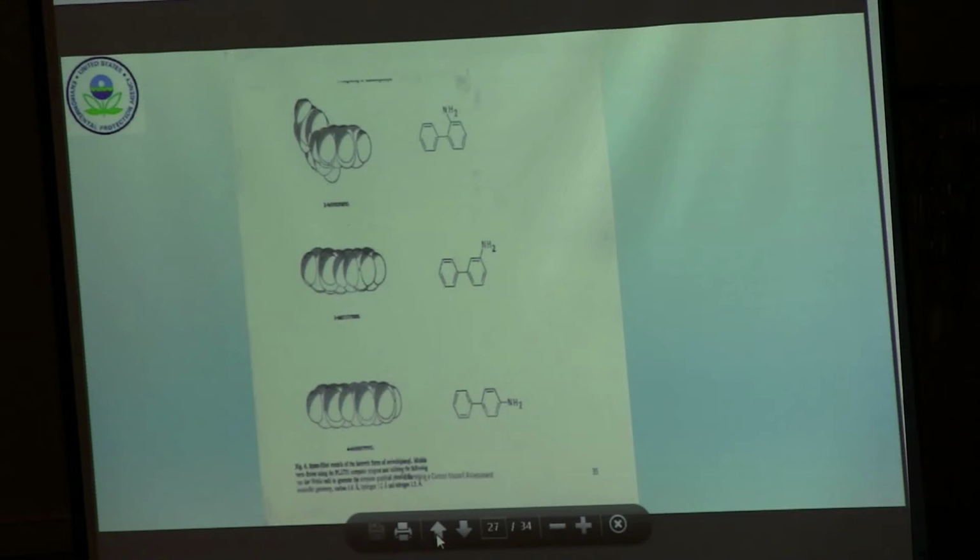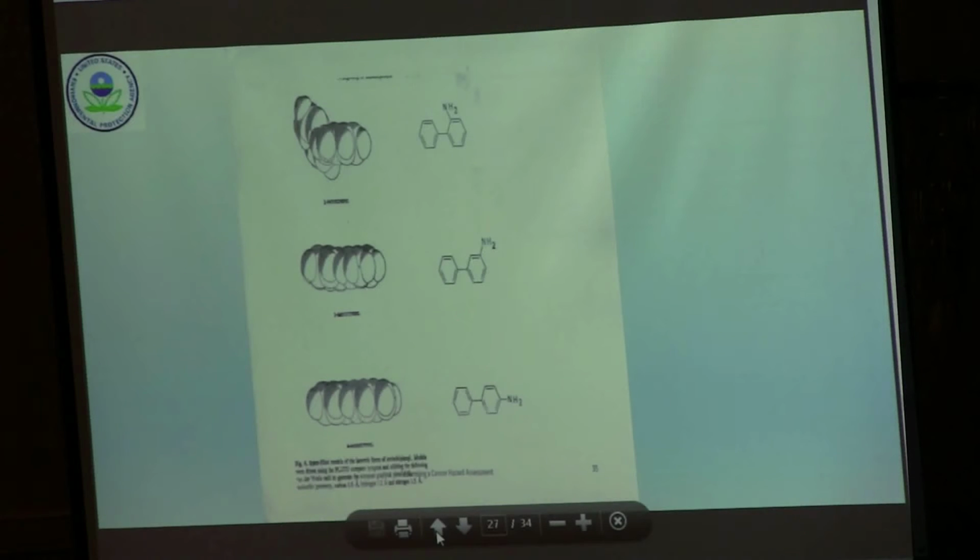The 3 and 4 isomers are planar, and 3 is a weak carcinogen while 4 is a very potent carcinogen, and they can also be N-hydroxylated.